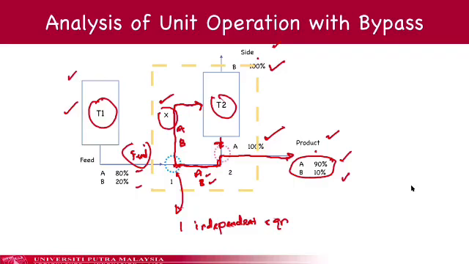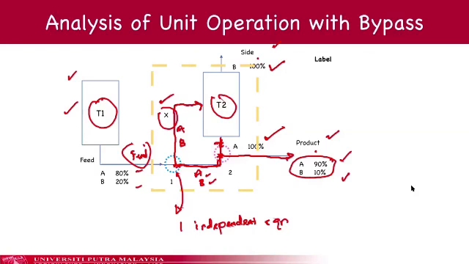The third boundary that we can have is at the mixing point, where you mix a portion of the feed stream with the product coming out as the bottom product of T2. So we have everything set up for the boundary analysis.